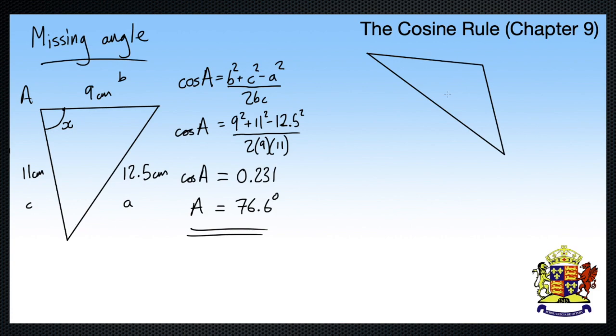Okay, so question 2 up here. Let's go for this angle here. This is big A. Okay, so for this question we have A, little a, b and c. Sorry, I should say, I do this sometimes, it's x equals 76.6, isn't it?